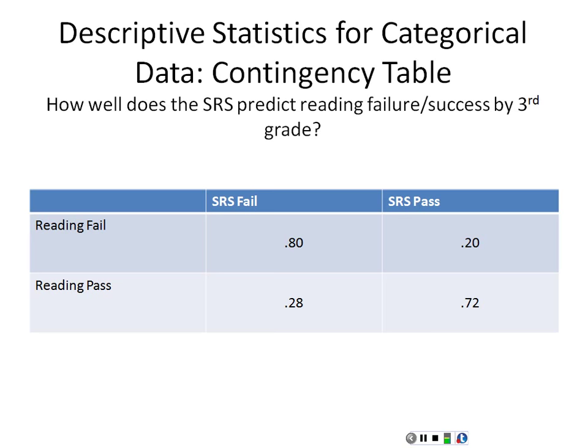What it says is, of those who were predicted to fail by the SRS, how many actually failed by the reading failure criterion, and you can see that 80% did. And reading pass, those that the SRS said would pass but did fail in reading, was 20%. So the SRS in kindergarten missed 20% of those students.